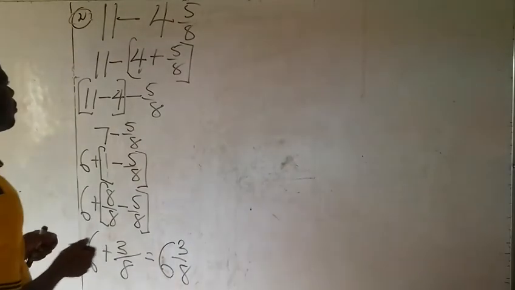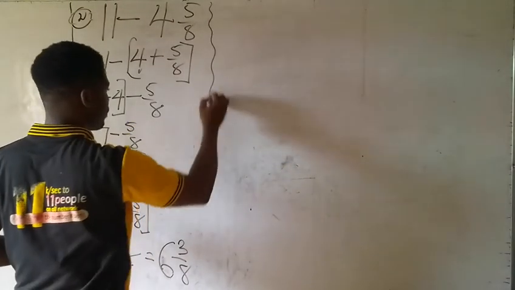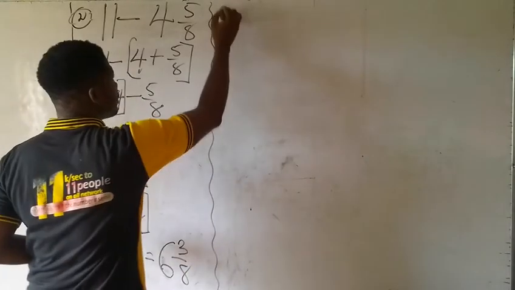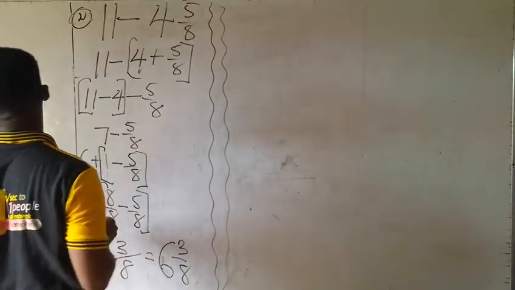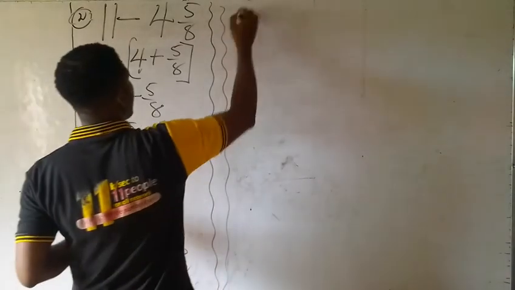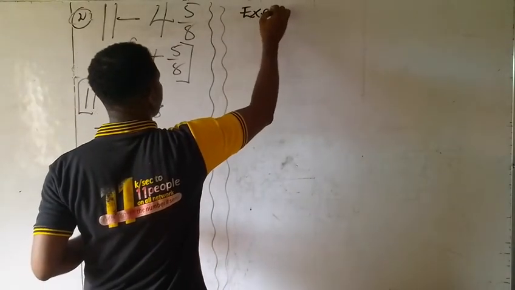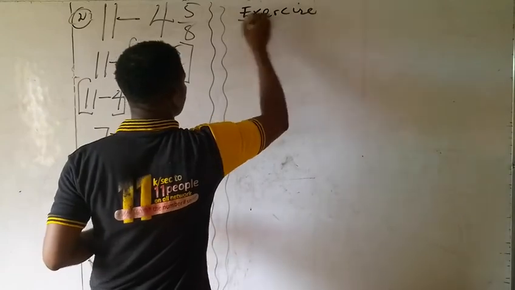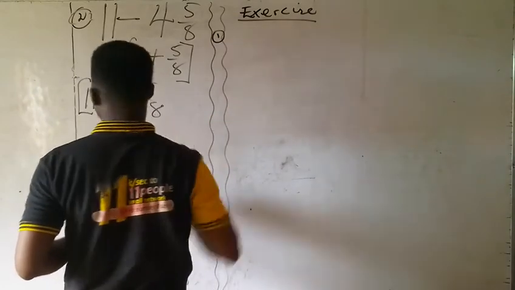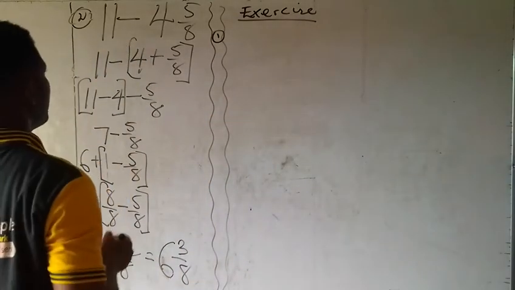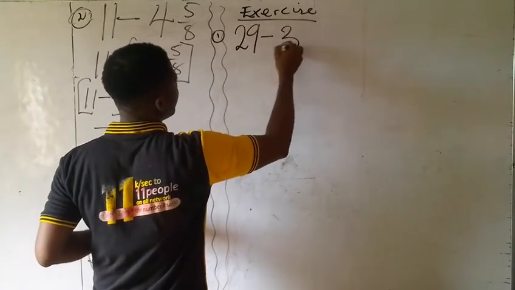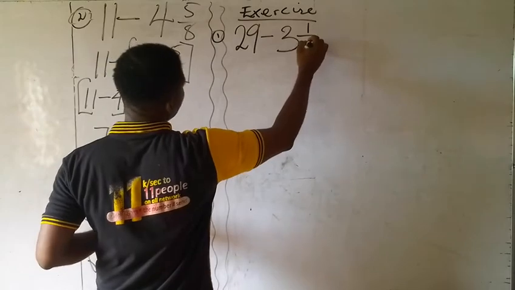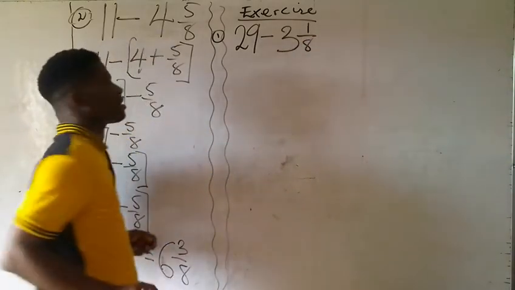Now this is for you to do at home. Exercise, while you're at home, please get this done. Number 1: 29 minus 3 whole number 1 over 8.